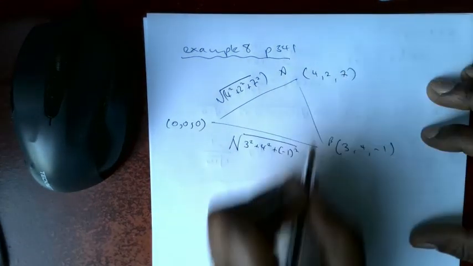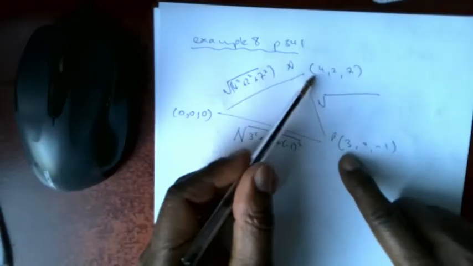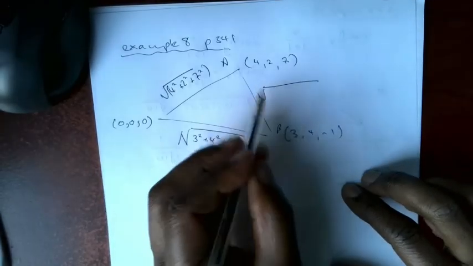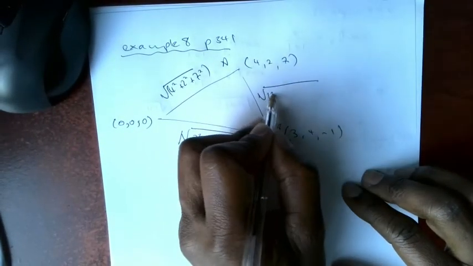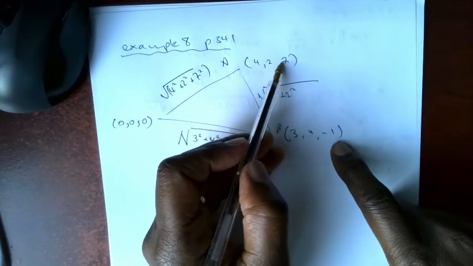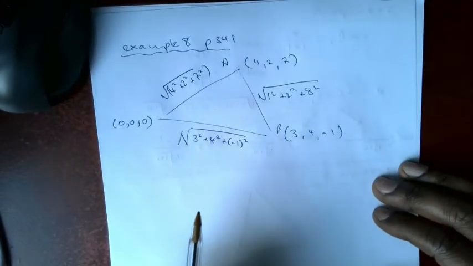And then this one, remember the quick and easy way to do it is work out the difference between these two numbers here that we have on the sides. So that would be 1 squared, because the difference between that and that is 1. Difference between that and that is 2, so that's 2 squared. Difference between that and that is 8, so 8 squared. And then what we're going to do is work out the length of each one.